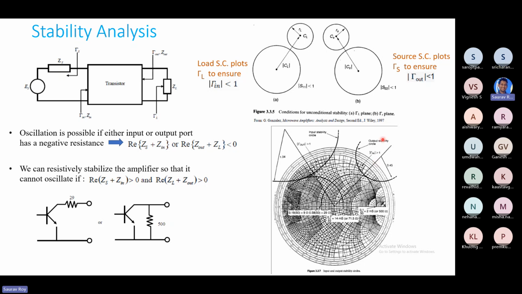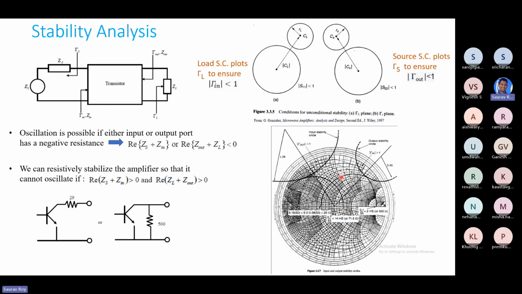Even before that, for those who did not follow the previous class, I'll give you a brief overview of these stability circles. Anybody who is afraid of the Smith chart, many people are, I know. For any plot, what you should look for is what is being plotted: what are the X and Y axes? In the Smith chart, we plot gamma, the reflection coefficient.